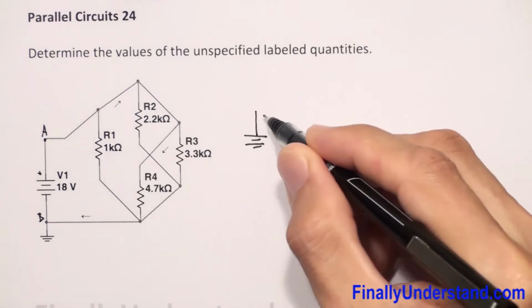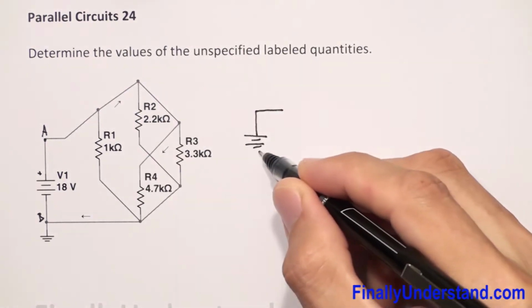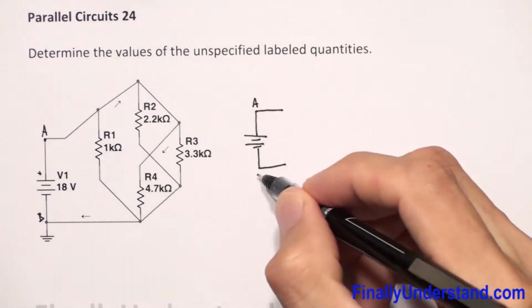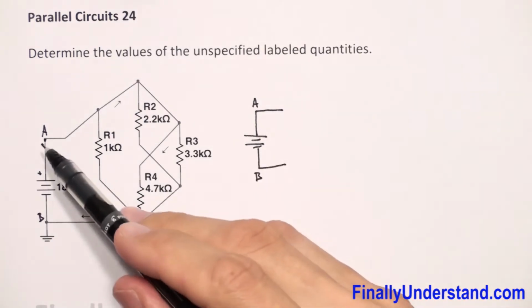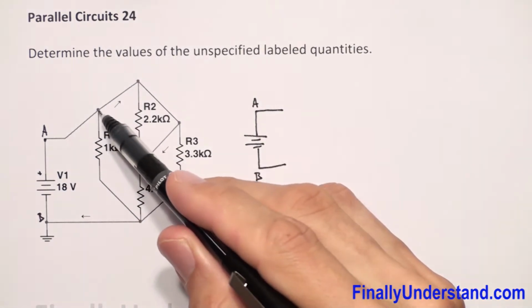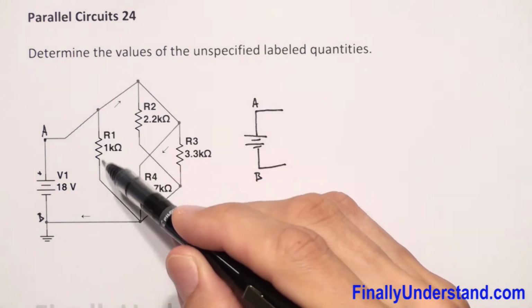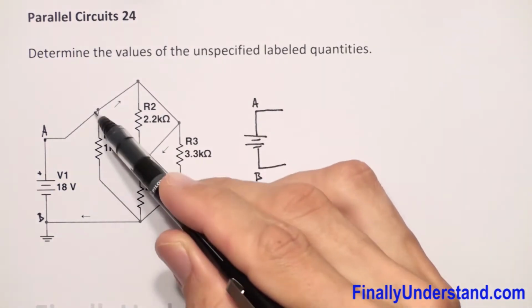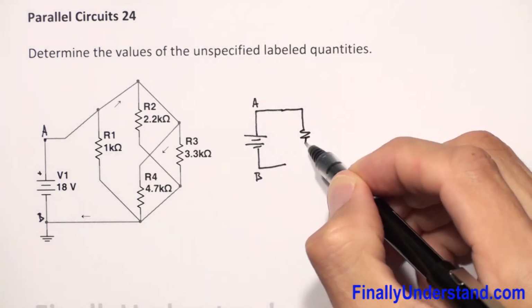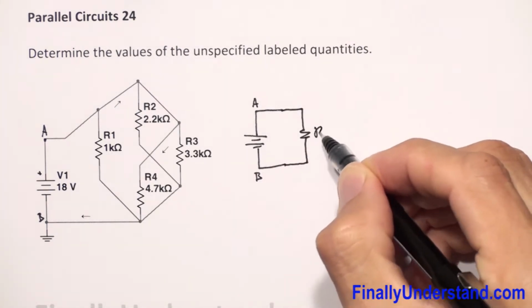Voltage source. Now this is my terminal A and this is my terminal B. Please notice that resistor R1 is connected to terminal A and terminal B, so I'm going to draw over here resistor R1.